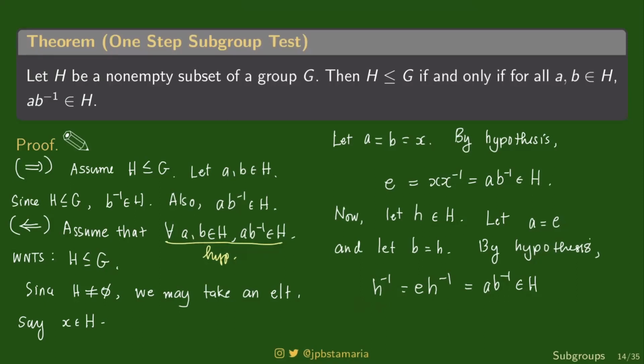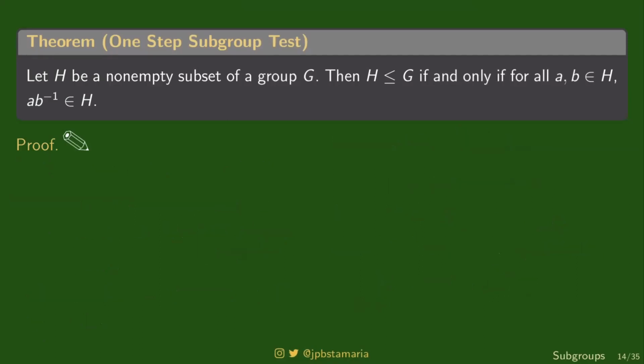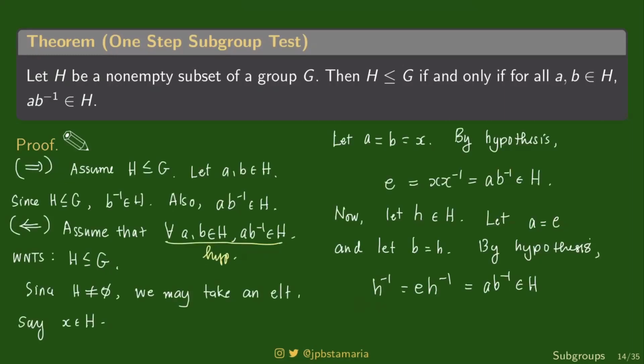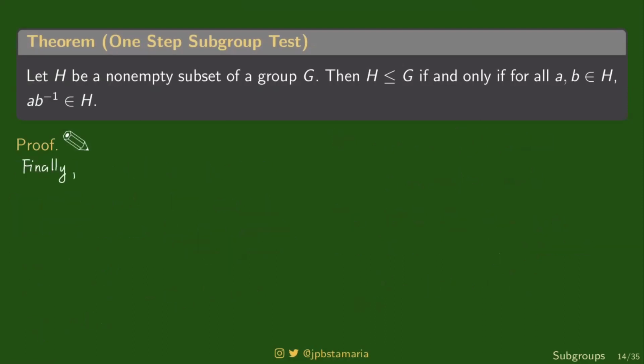And then, clear ko to. Dito ko nasusulat yung finally para hindi ko nabura yung nakaraang page. Okay. Finally, showing closure, kukuha ko ng dalawang elements ng H. Let H and K be elements of H. I need to show that HK is an element of H.